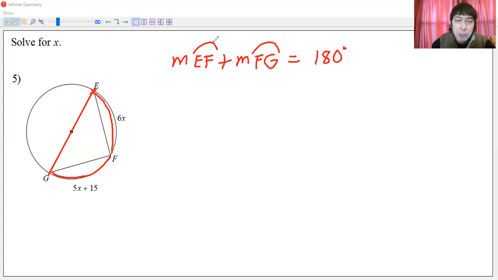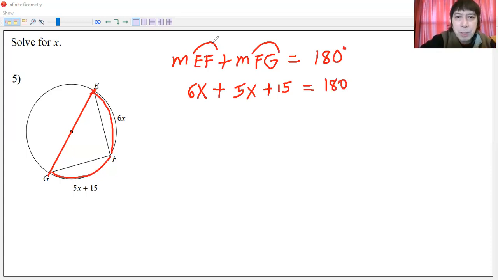There. All right, these are expressions, so we will have to solve for x. Okay, arc EF is 6x. Arc FG is 5x plus 15, and this is equal to 180.